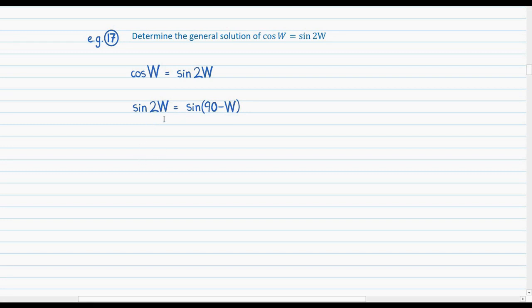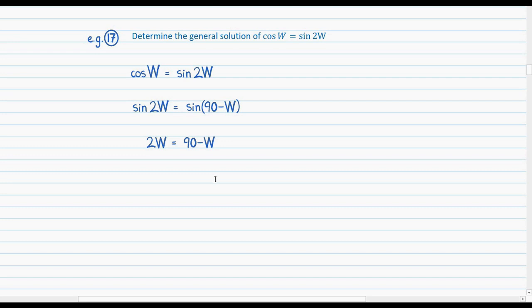And when you do this, you should already start thinking about what quadrants the solution will fall inside. So for 2w equals 90 minus w, both are positive values. So you can tell that it's a sine function and it has a positive sign, meaning it would fall in the first and second quadrant. So you should just note that somewhere on the side.